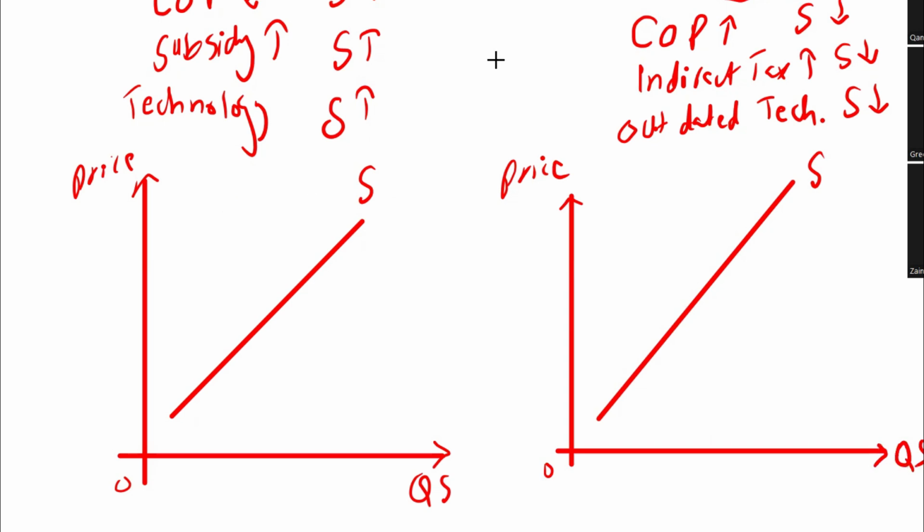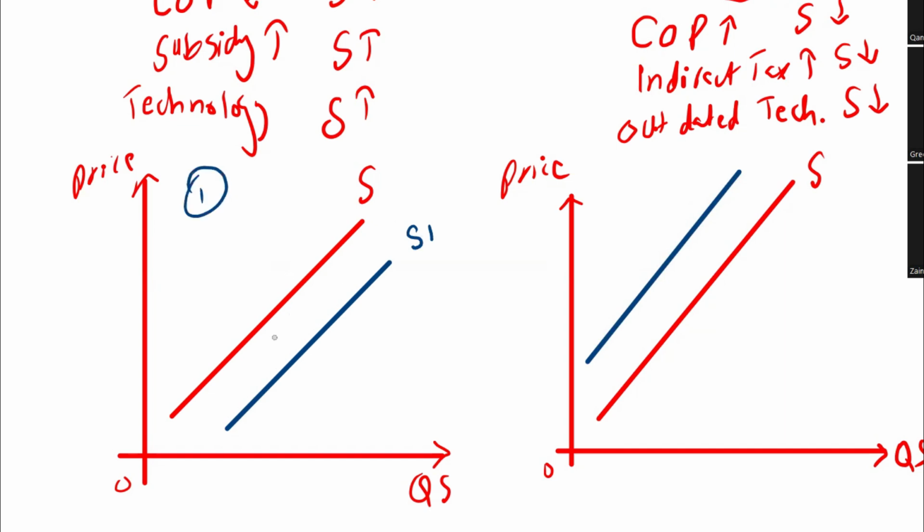So in case of increase in supply, the supply curve completely shifts to the right, right? And in case of decrease, the supply curve completely shifts to the left. So if the supply curve moves from S to S1 in figure 1, then supply is increasing.